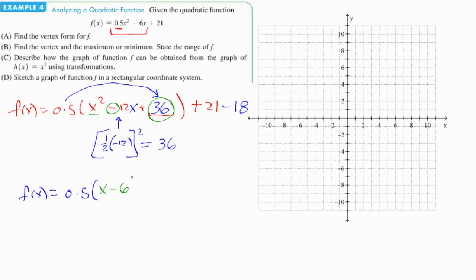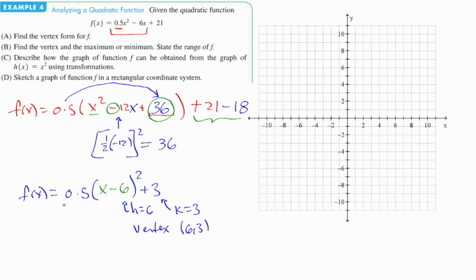We put all of that in parentheses and square it. And then we combine these constants out here, and we get a plus 3. And this is our vertex form. We now see that we have an h value of 6 and a k value of 3. So our vertex is at 6, 3.